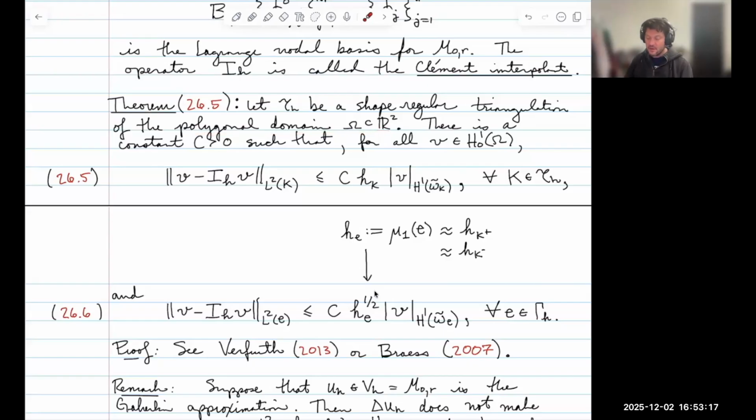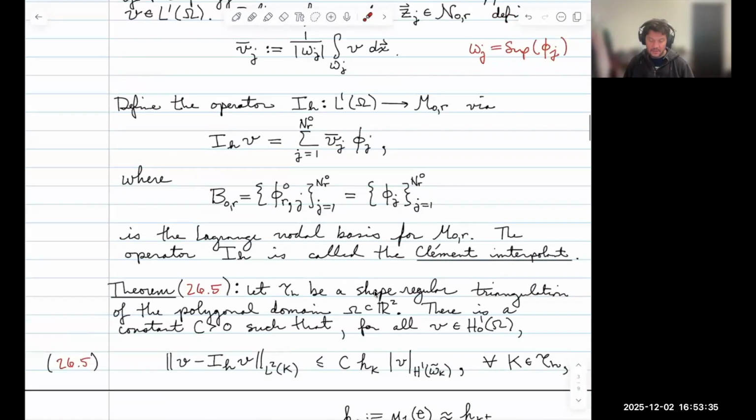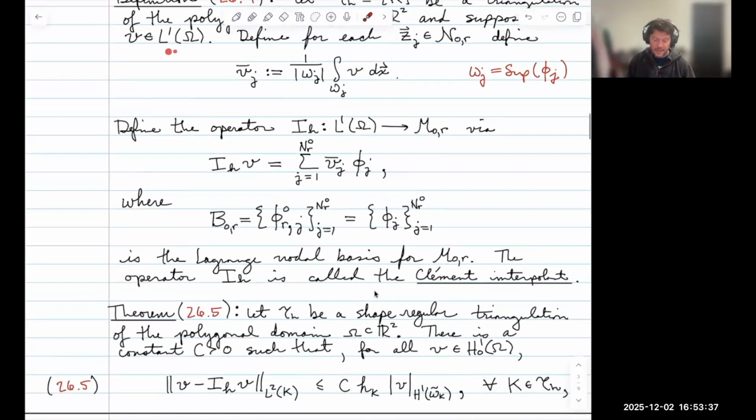We're doing everything in R2; you can push these ideas into R3, but it requires a little bit more machinery that we're not going to worry about. Now, if v is in H01, we just said we're going to define the Clément interpolant for L1 functions. The question is, if I take a function from this space, is it integrable?